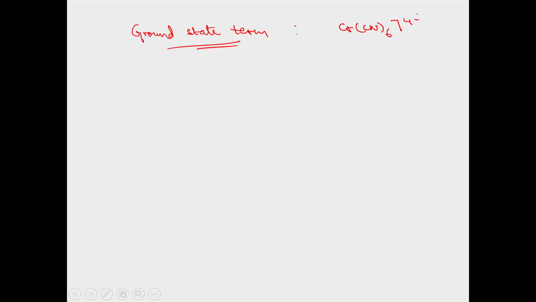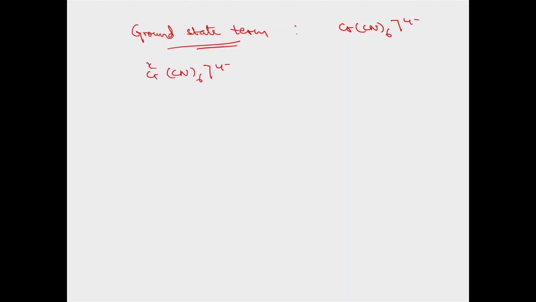If you are attending all the classes, we have earlier also discussed this term symbol. So here, first of all, we have to check the oxidation state of chromium.